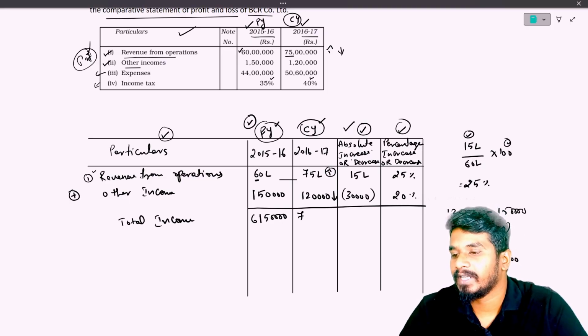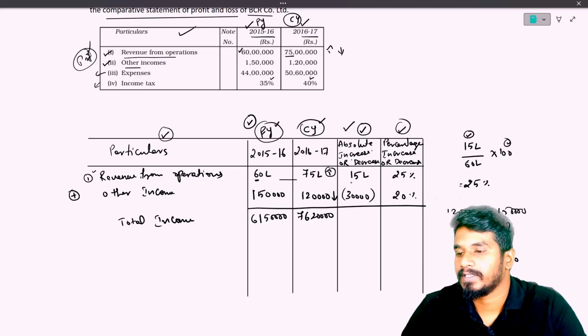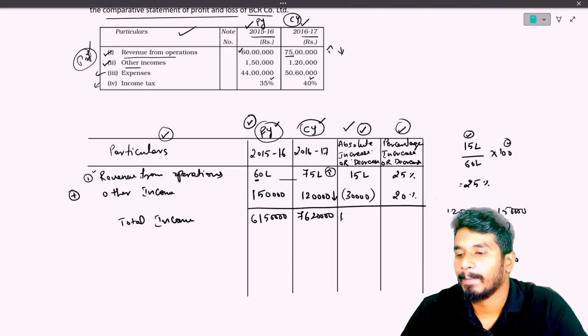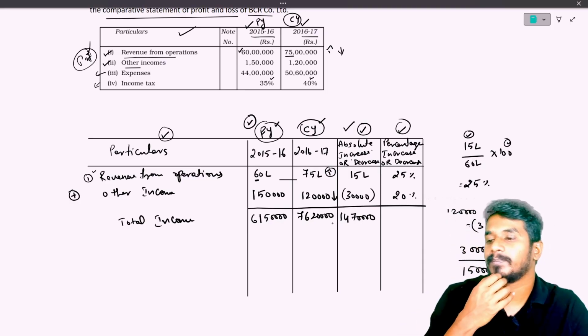So total 76 lakhs 20,000. And now we need to find out the change: 15 lakh minus 30,000. It is 14 lakh 70,000. Here we need to find out the percentage.